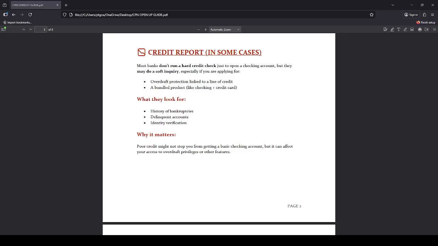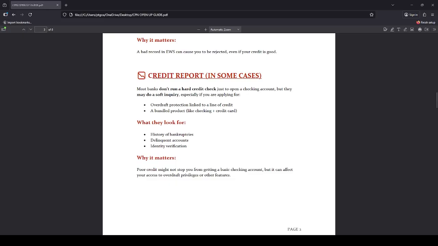I don't know if y'all noticed, but the bigger banks like Chase, Bank of America, right before you submit the application, they're basically telling you that they're going to do a soft inquiry on your credit profile, which is a great thing if you got a CPN because that's something that you can do, right? So make sure that you have a credit report.